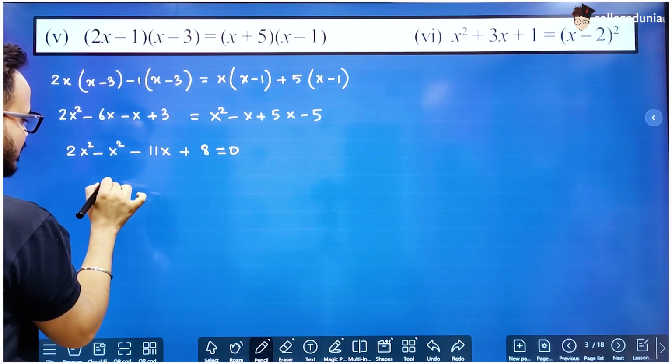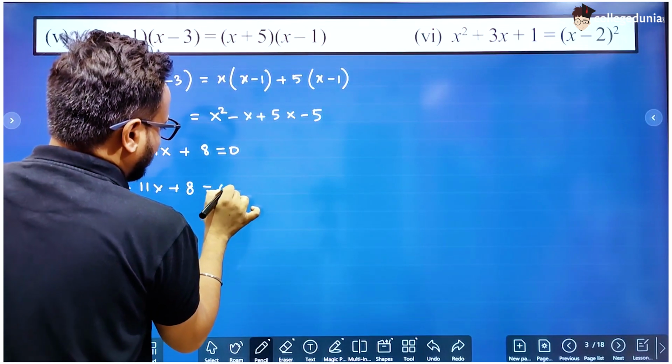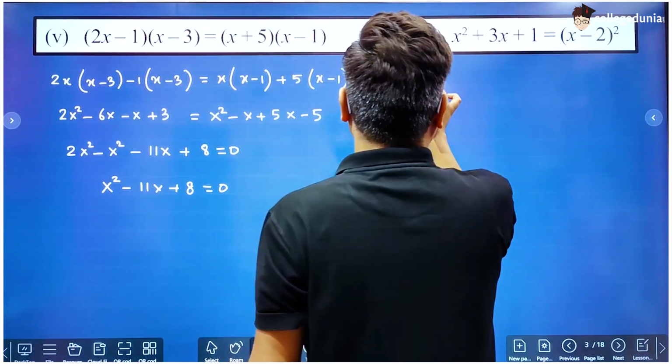So we can clearly see that this one is also a quadratic equation. And let's solve this last one.